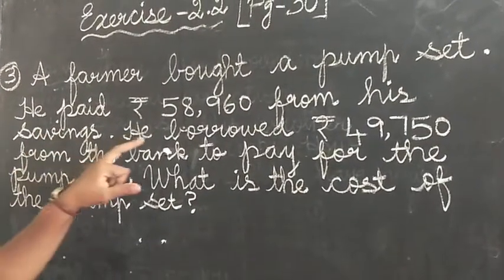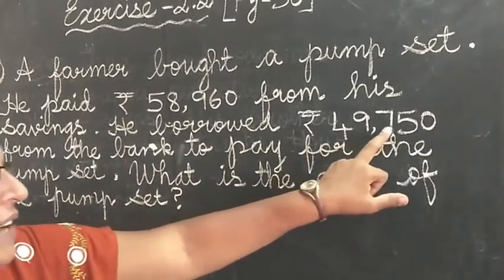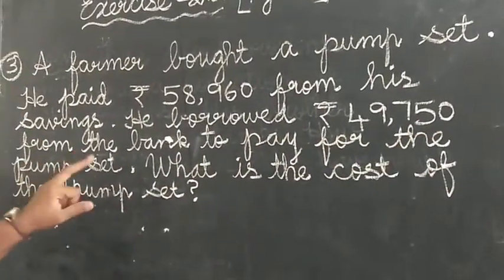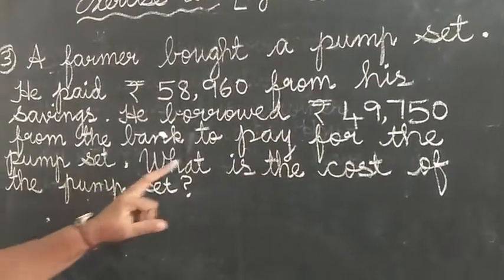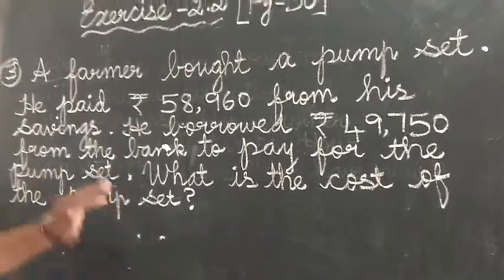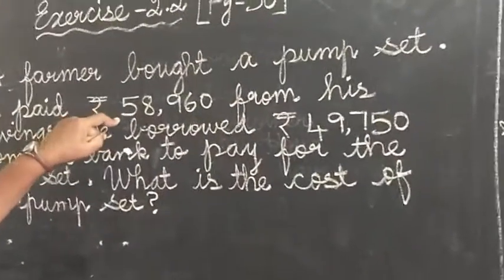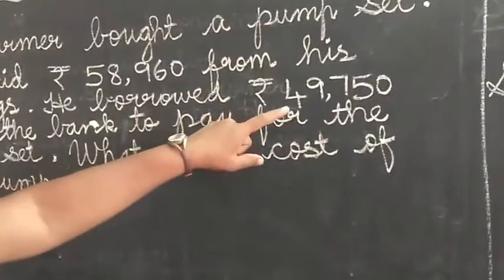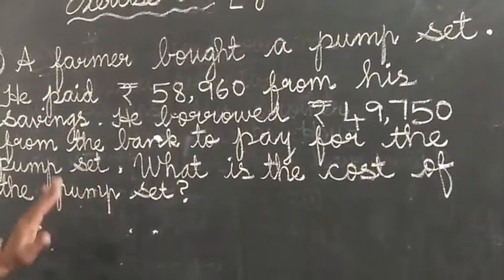Okay, children. He borrowed rupees 49,750 from the bank to pay for the pump set. What is the cost of the pump set? From his savings he was having 58,960 and he borrowed 49,750. So we have to find the total cost of the pump set.